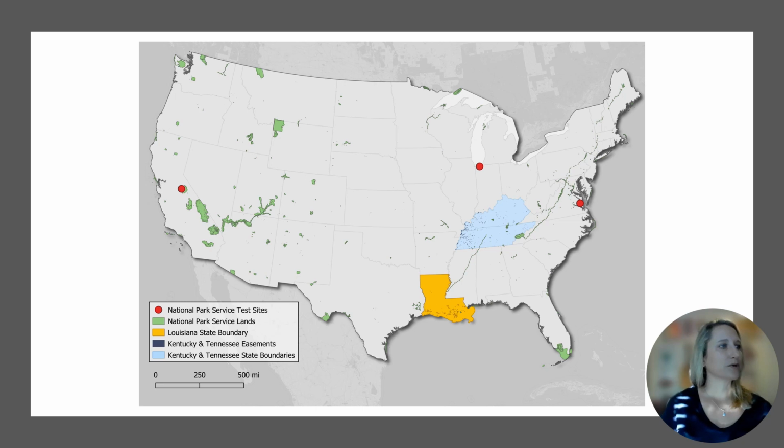We're also working in Kentucky and Tennessee with NRCS to assess the impact of forest wetland restoration on carbon sequestration through their wetland easement program. And then at the state level, we're working with the state of Louisiana to assess coastal restoration and inland restoration of wetlands to inform their climate action plan. So how wetland restoration can help to mitigate greenhouse gases at the state level.